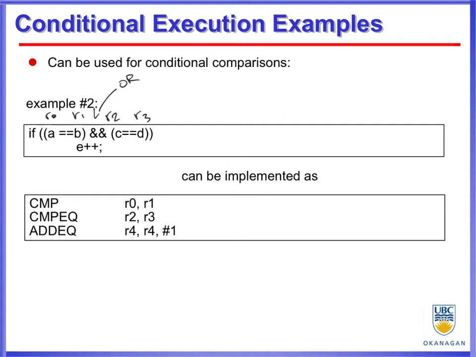Well, one way you could do it is with a branch. Check the first one, pardon me, after this one. Because if this is true, we don't even have to bother doing this, right? So the second statement could be branch if equal, BEQ.